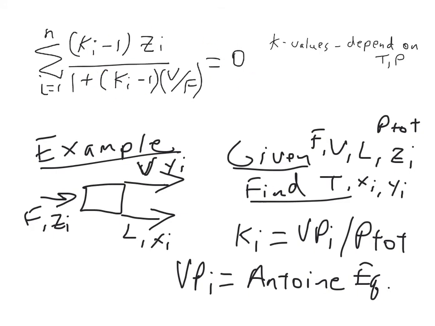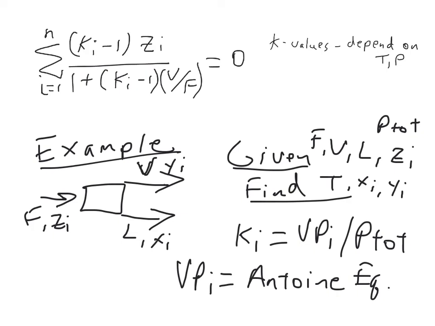It's basically an iterative process that I'm going to follow. I'm going to guess a temperature, from there calculate the vapor pressure, then calculate the K values, then plug them back into here and see if this equation on the left equals 0. If it does, then I have the right temperature. If it doesn't, then I need to guess a new temperature and calculate new vapor pressures and new K values, and plug them in to see if it solves the Rachford-Rice equation.